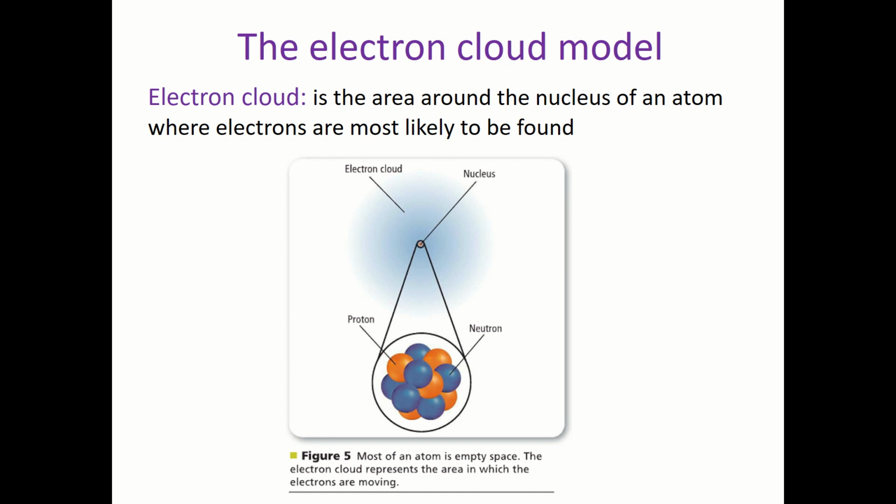Now we have something called the uncertainty principle, and it tells us that it is difficult to determine the location of an electron and the velocity or the momentum of the electron at the same time. It's impossible to do these two things exactly at the same time.